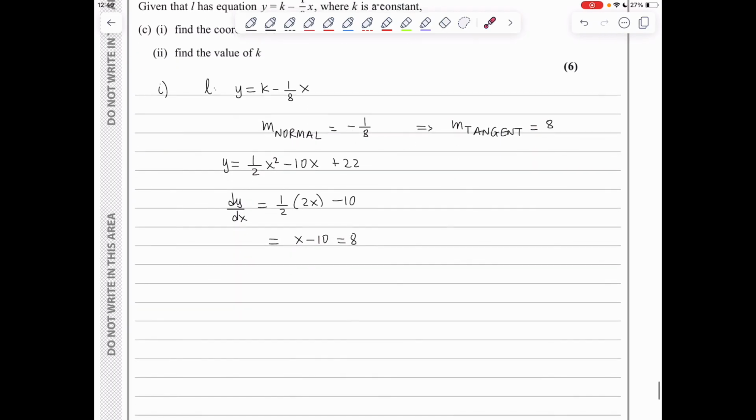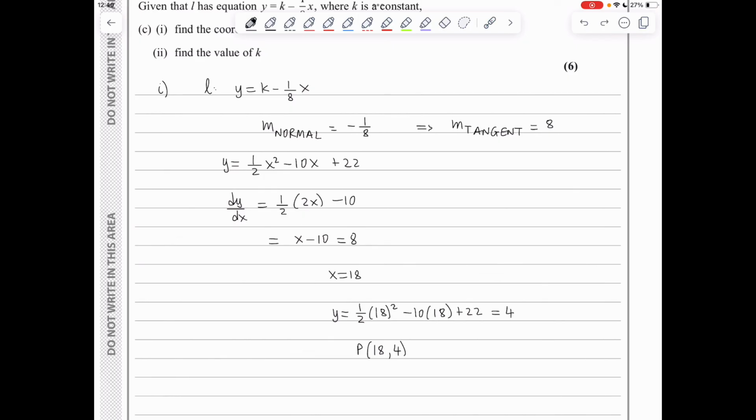So obviously we have that x must be 18. We've got the x coordinate of the point P, and I can proceed by substituting x is 18 into the expression for y to find the y coordinate of the point. So that's going to be a half times 18 squared minus 10 times 18 plus 22, which gives an answer of 4. So point P has coordinates (18, 4).